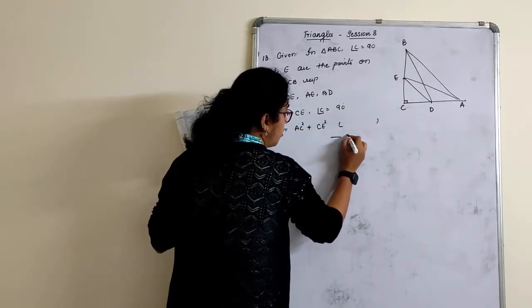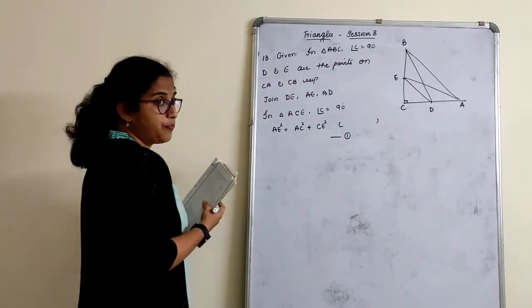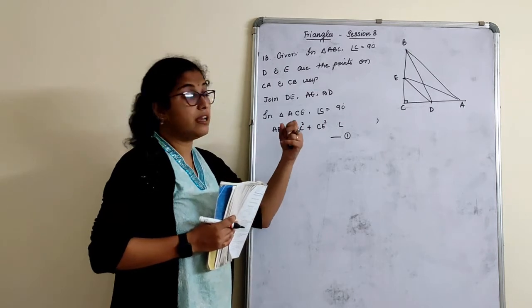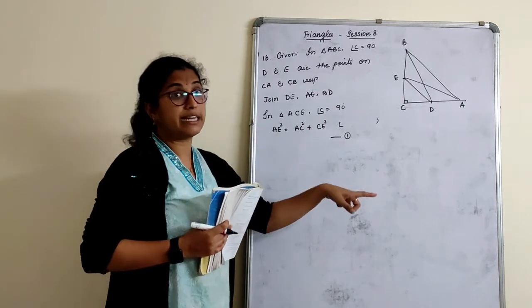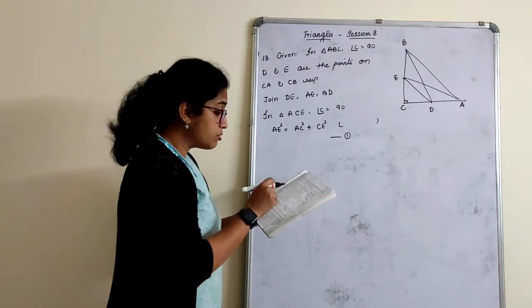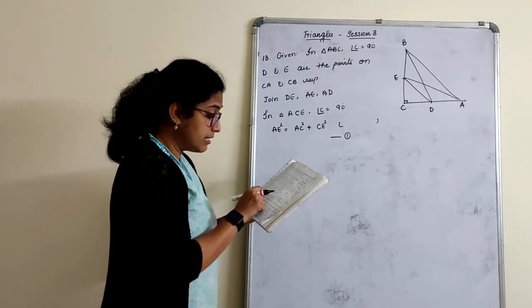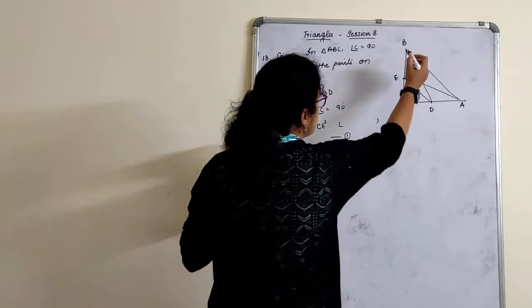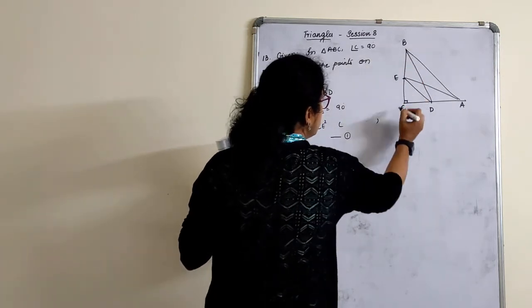Pythagoras theorem, children, always you have to write equation 1. So let us choose all the forms of a right angle triangle here, right? With respect to that, we will get all these things. Next is BD square we want. So let us choose BD square, right? So BCD.